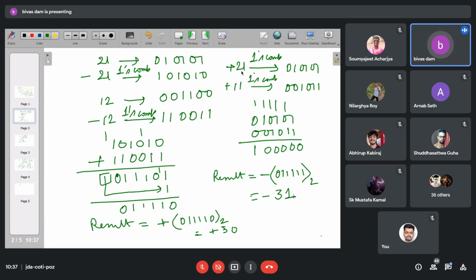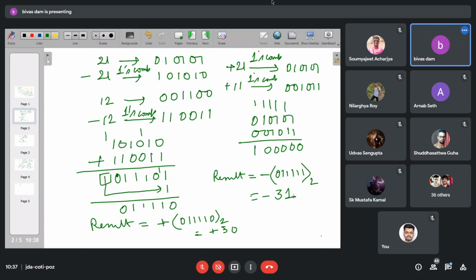So does it mean that my process fails for two positive numbers and two negative numbers? No, sir. Because I have already found some examples where by adding two positive numbers I am getting the required result, and while adding two negative numbers I have got the required result.